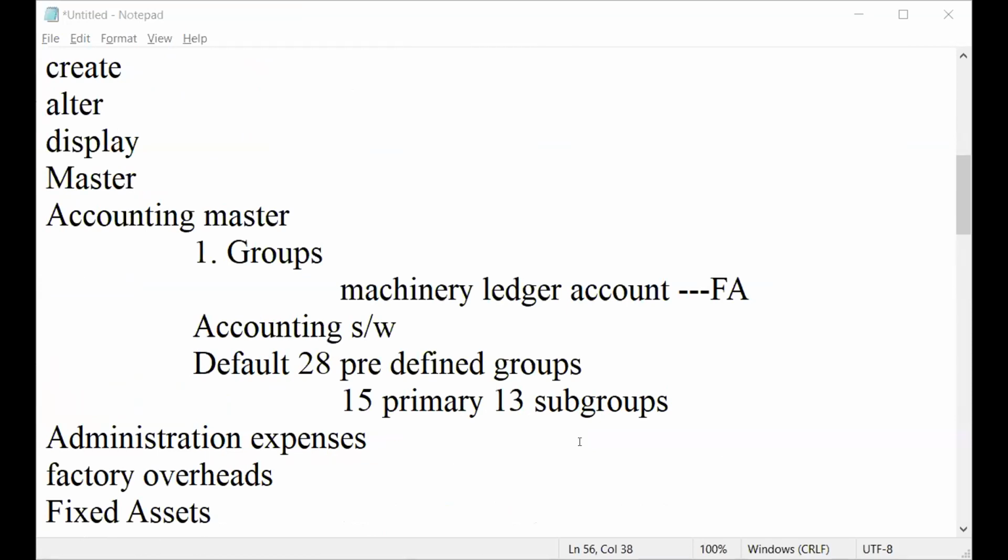Sir, I don't have a desktop, so I just have to write how to create a ledger, right? Ledger groups and the details of those things, you can just write it, take shots and upload it. Try to practice with something as much as possible.